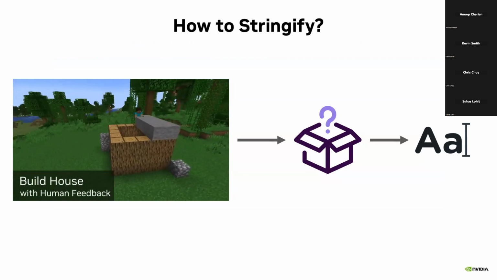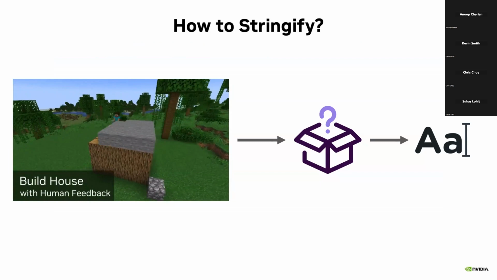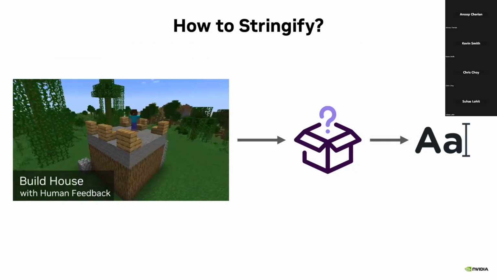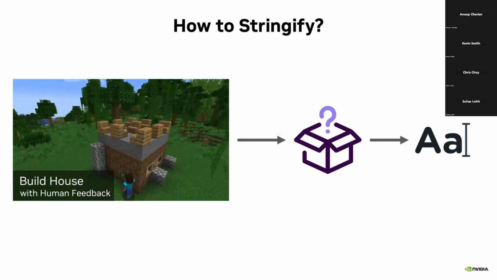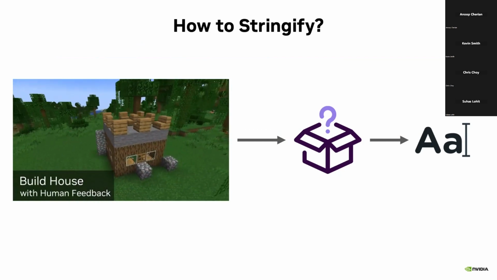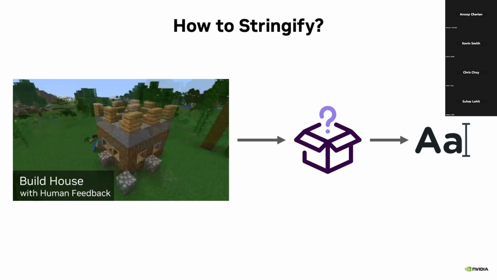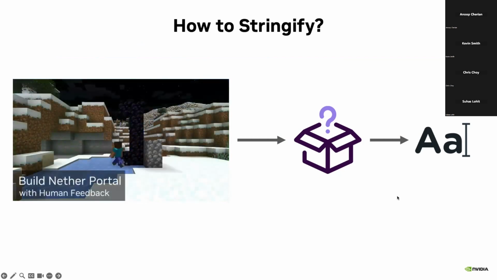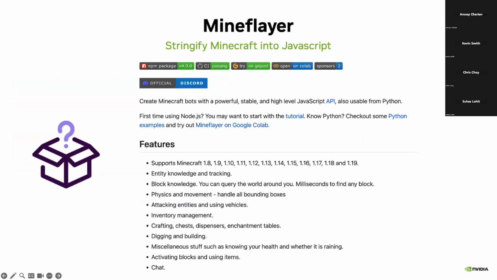And converting this open-ended environment that contains RGB videos, GPS, inventory, and so on into a string is a very important pipeline process to use GPT-4.